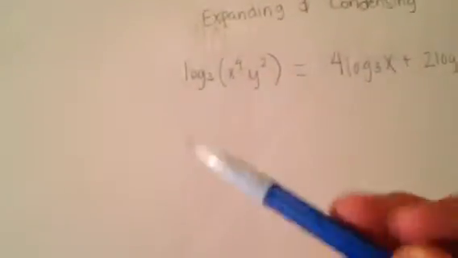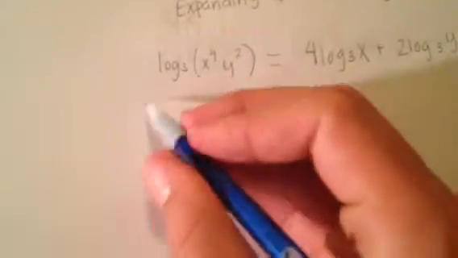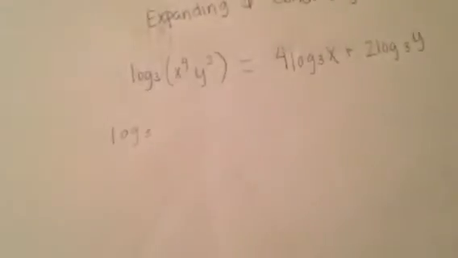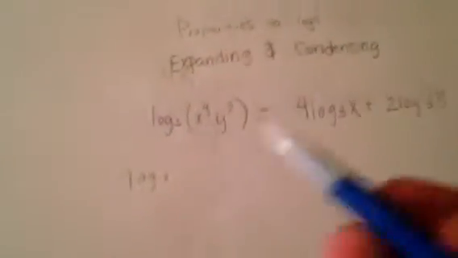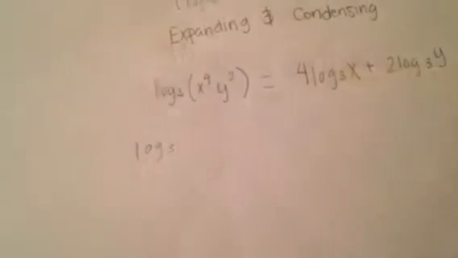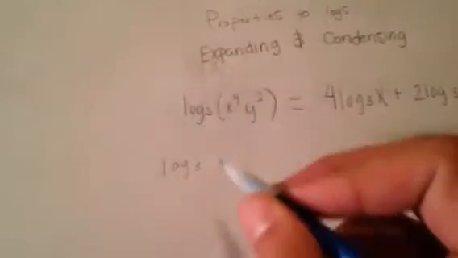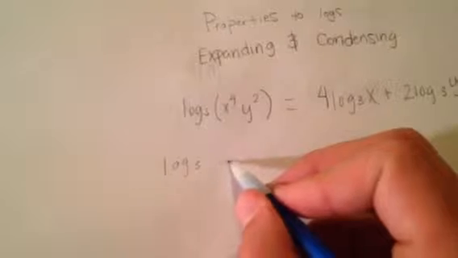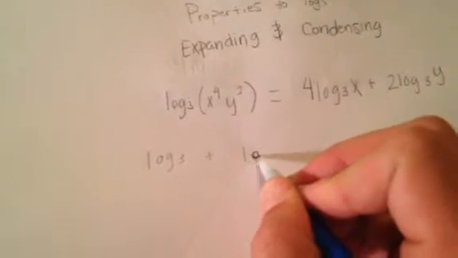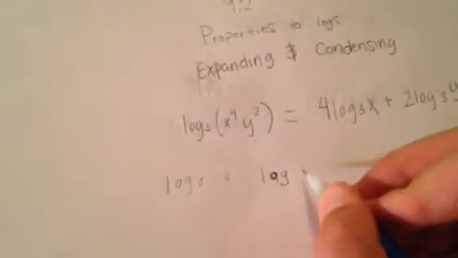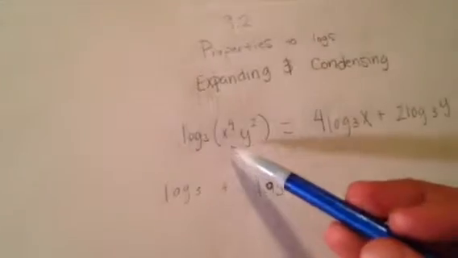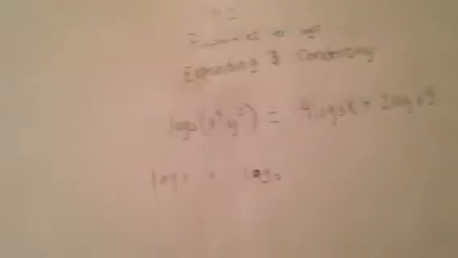How I'm going to show you how to do this is you're going to start with log base 3, and what they're saying is you're multiplying this times both of these. So let's do this plus another log base 3. And let me show you where you're going to put the x to the power 4 and y to the power 2.